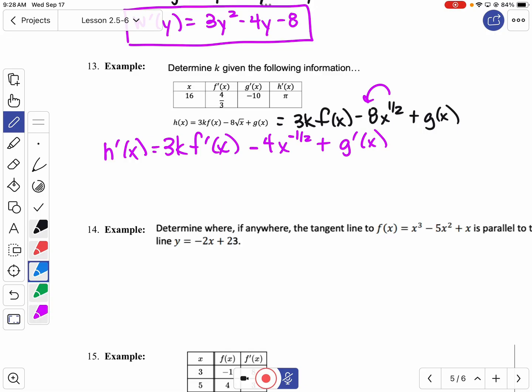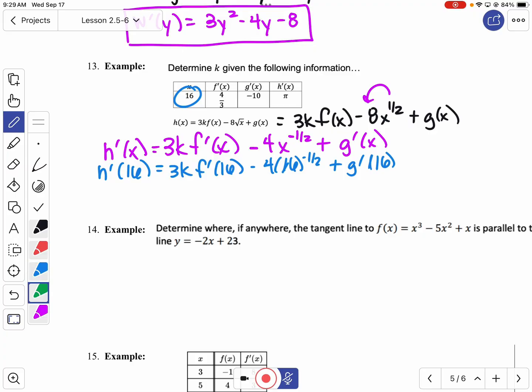We want to evaluate this at our x value of 16. So looking for h prime at 16 would equal 3k times f prime at 16 minus 4 times 16 to the negative 1/2 plus g prime at 16. Some of this we're going to pull out of the table. Some of it we're going to do arithmetically by ourselves.